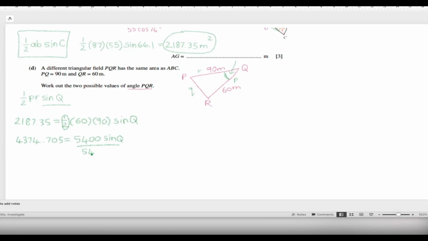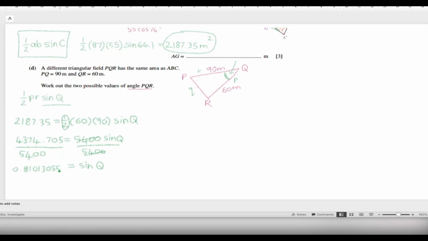The 5,400 above the line and below the line will cancel out. Whatever I do on the one side, I have to do on the other side as well, so I have to divide this side by 5,400 as well. So on the right-hand side, I am left with the sine of Q. What is 4,374.705 divided by 5,400? That is equal to 0.81013055, and the value goes on.